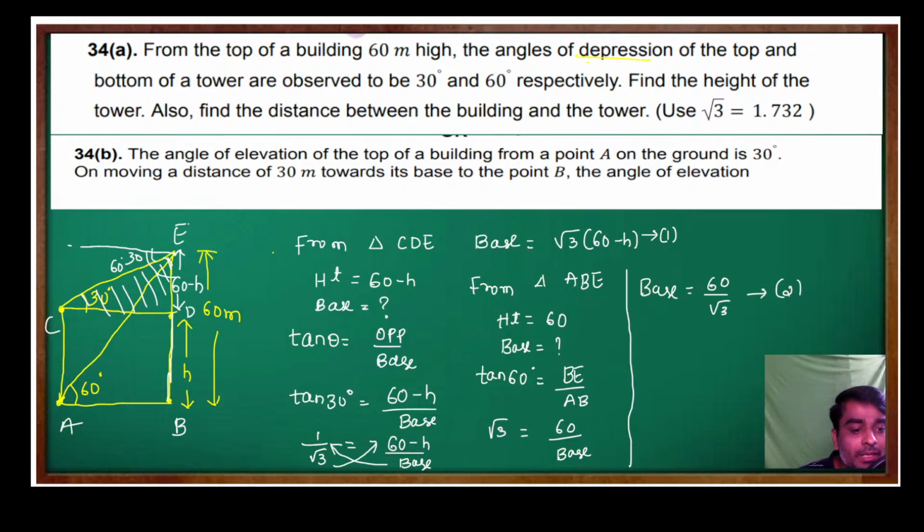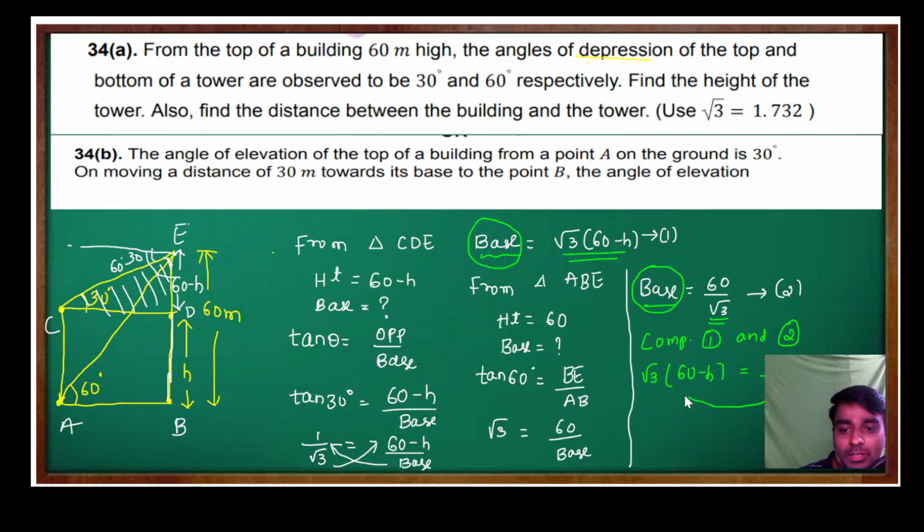Now if you compare 1 and 2, in equation 1 base is equal to this much, and in equation number 2, base is equal to 60 by root 3. Comparing 1 and 2, left side here also base you have, here also base you have. That means these two quantities are equal. So you equate them: root 3 into 60 minus h equal to 60 by root 3.